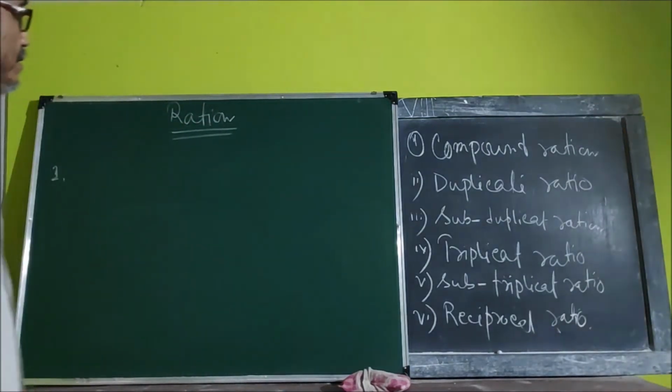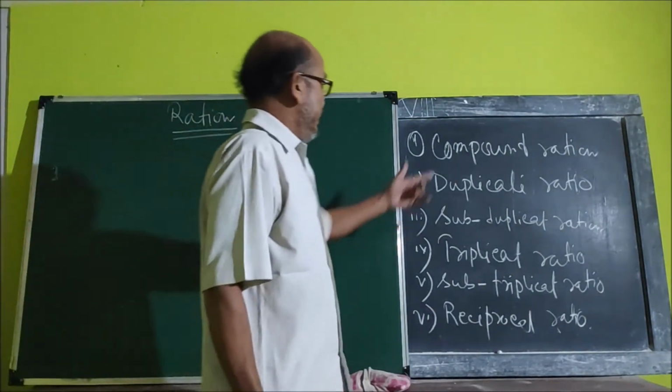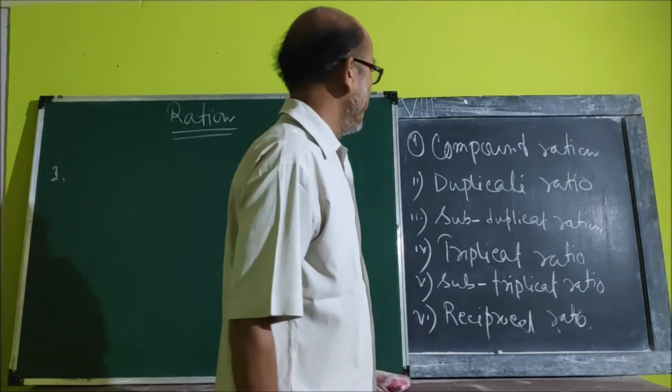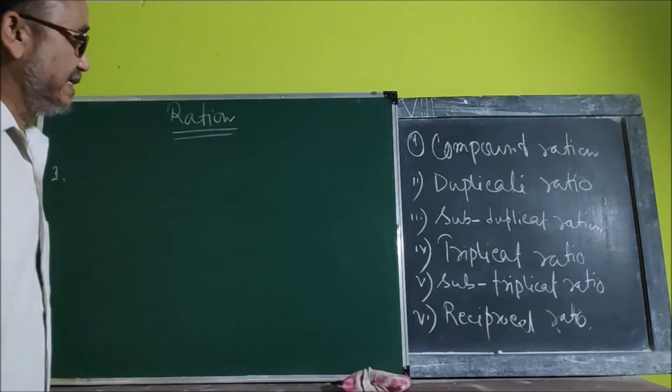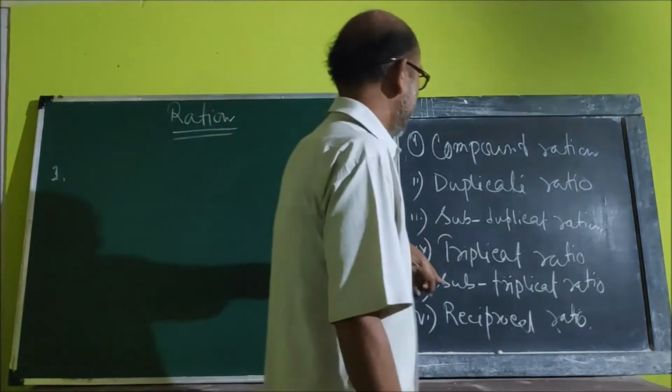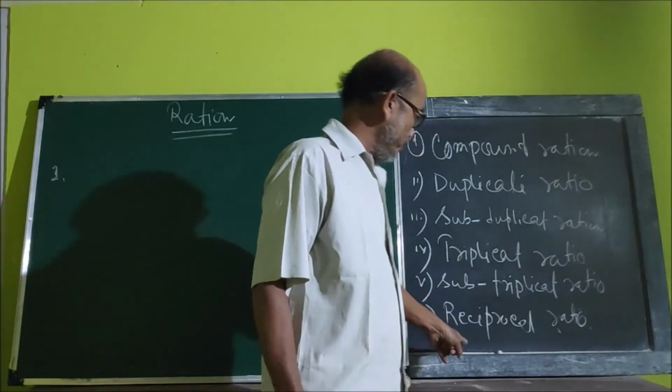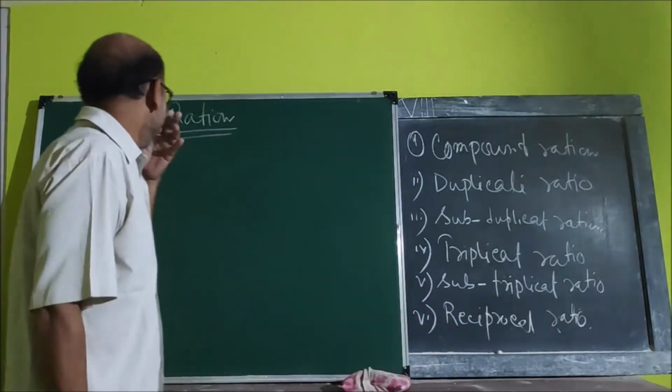Now we have to explain what is compound ratio, duplicate ratio, subduplicate ratio, triplicate ratio, subtriplicate ratio, and reciprocal ratio. Now we have to see here.